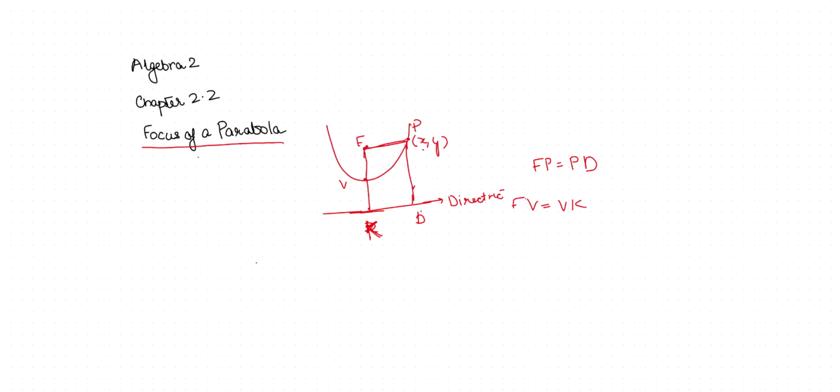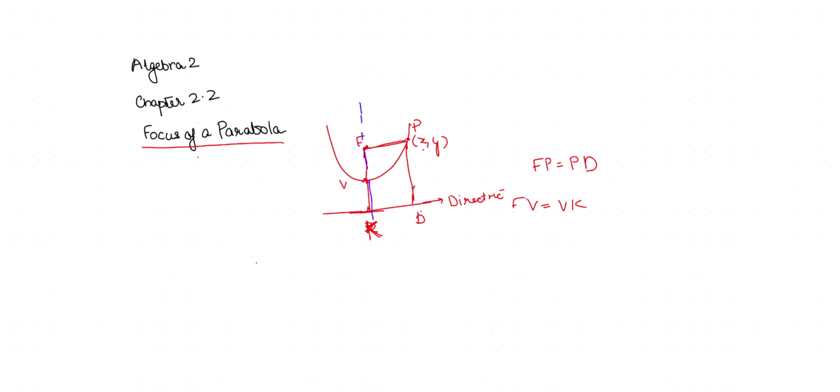So the vertex is halfway between the focus and the directrix. And this is the axis of symmetry. We know what an axis of symmetry is. The axis of symmetry divides the parabola into two equal parts.